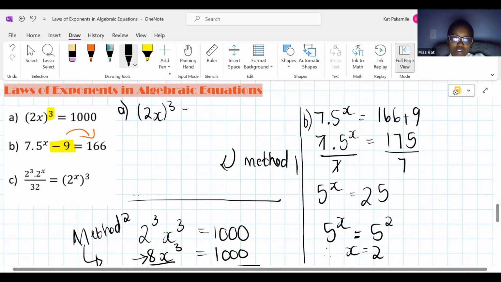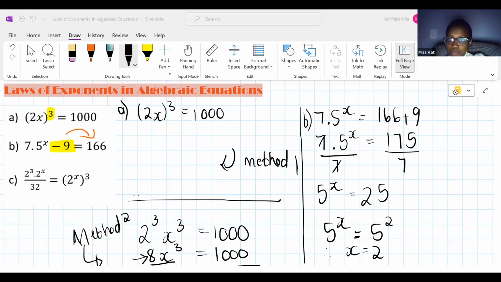So we've been getting rid of operations by doing the opposite, right? Yes. So what is the opposite of cubing? The opposite of times is divide. The opposite of add is subtract. So what is the opposite of cubing? If you're cubing to the power of 3, what's the opposite of that?